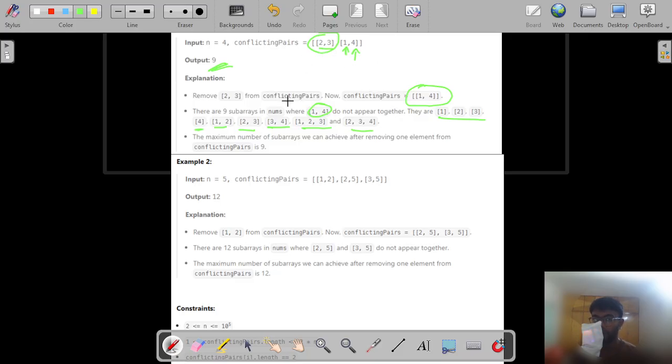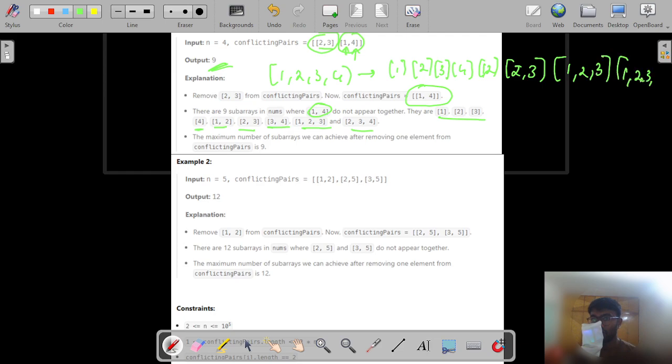So we can remove [1, 4] also. If we remove [1, 4], let's say the possible subarrays that can be formed out of 1 2 3 4 are: 1 2 3 4, 1 2, 2 3, 1 2 3, and 1 2 3 4.